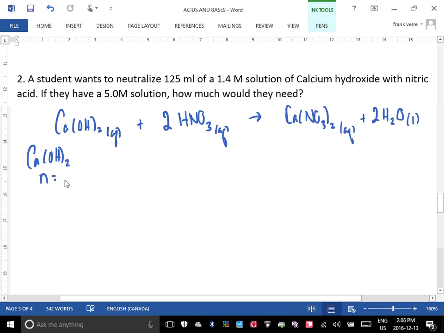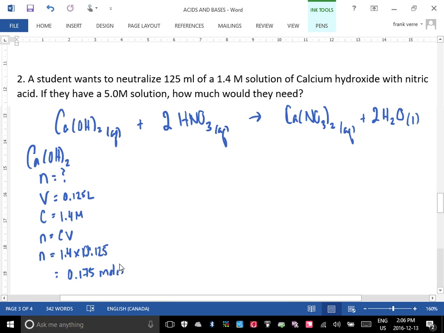So we're going to look at the number of moles. So what do we have? We have the volume, 0.125 liters. We have the concentration, 1.4 big M. N equals C times V. So what would that be? Perfect.